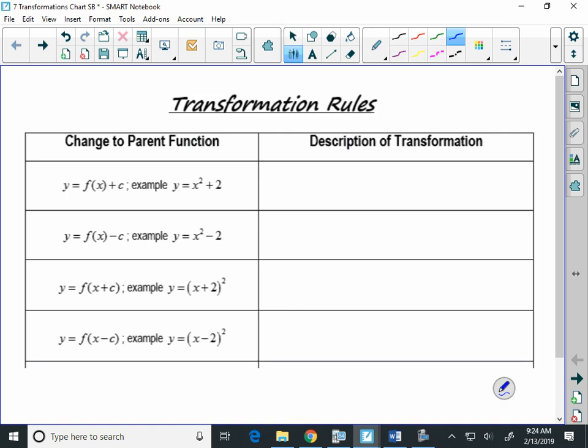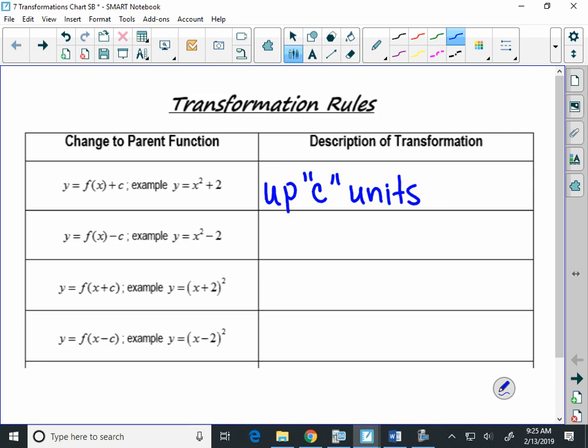If we have a function and we add c to it, we're moving it up c units. That's the transformation, that's how the graph changes. The example I gave off to the side is y equals x squared plus 2. We would be moving up 2.